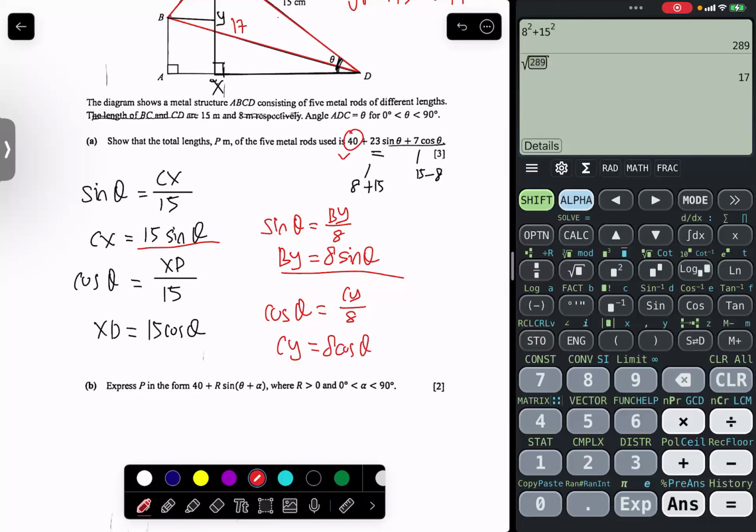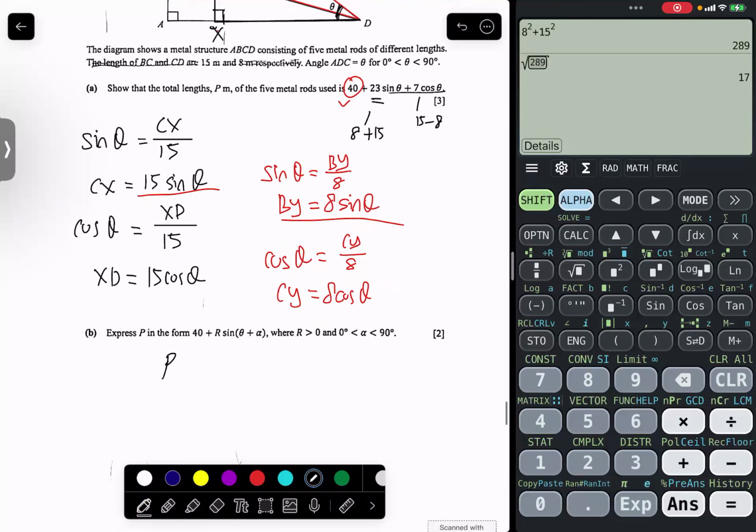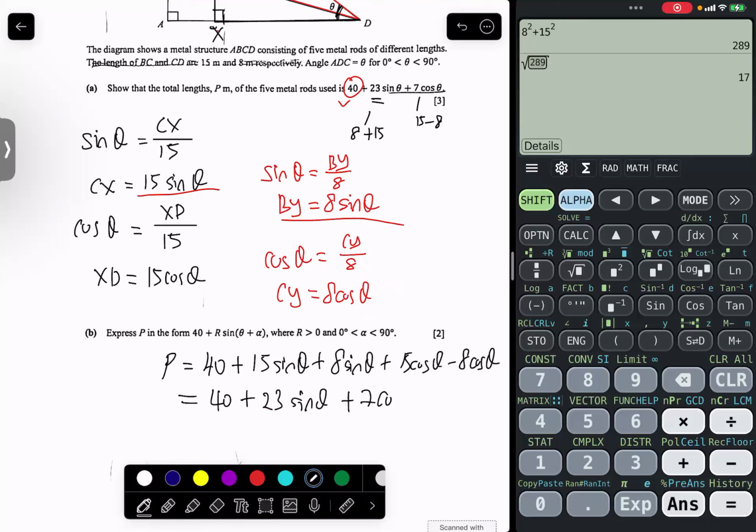Therefore P equals 40 plus 15 sine theta plus 8 sine theta plus 15 cos theta minus 8 cos theta, which equals 40 plus 23 sine theta plus 7 cos theta. Shown.